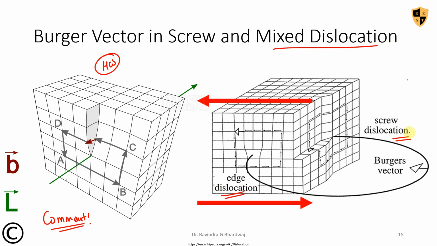Just a hint that I want to give you: if both are present, there should be one atomic plane inserted in the crystal lattice. This is the atomic plane which is inserted and there is no atomic plane beneath it. That means it is an edge dislocation. In this case, try to find out what kind of screw dislocation it is, right-hand or left-hand, and provide your answer in the comment box.